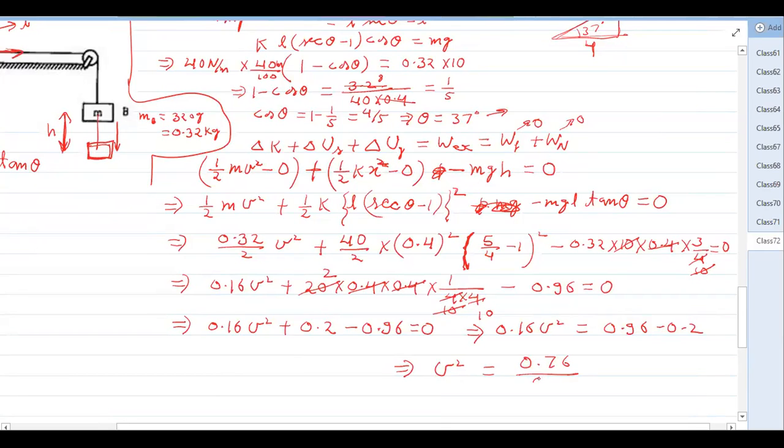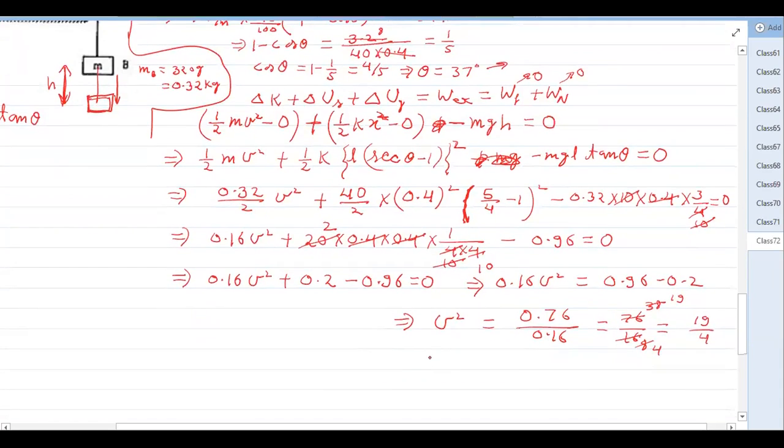So this will be 76 by 16, and if you solve it further, dividing by 2 and then by 4, we get 38 by 8 and then 19 by 4.